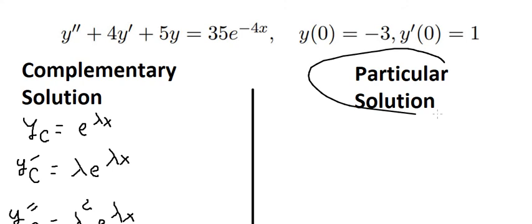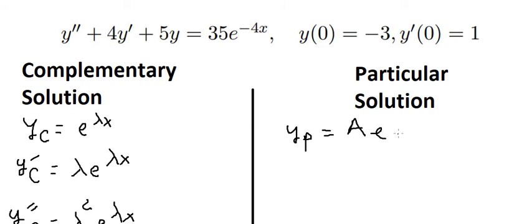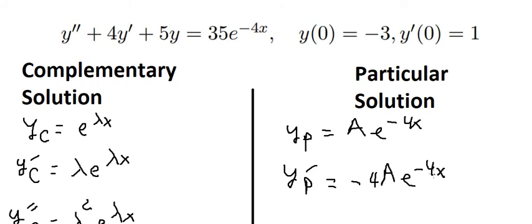Now for the particular solution, we see that we have 35 multiplied by e to the power of negative 4s. So yp should be capital A e to the power of negative 4s. If we do the first derivative, you get negative 4A e to the power of negative 4s. Because the first derivative of this one gives negative 4 multiplied by e to the power of negative 4s.